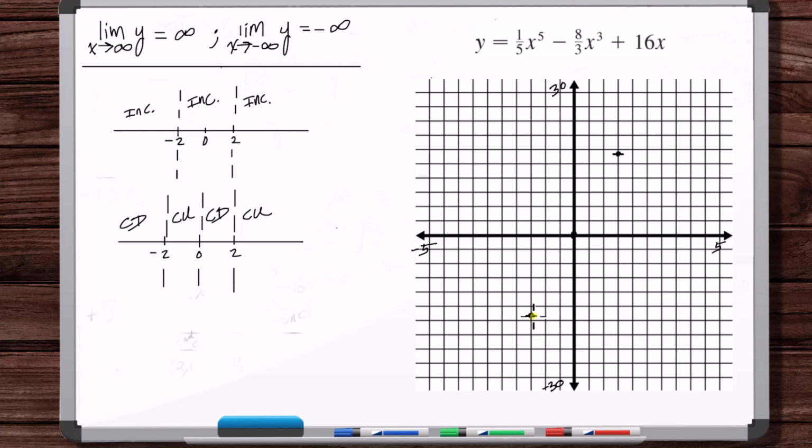All right, from -2 to 2, it's increasing. Well, it's increasing everywhere, so it's never going to be going downward. Now from -2 to 0, it's concave up. From 0 to 2, it's concave down. So concave up, inflection point, concave down, inflection point.